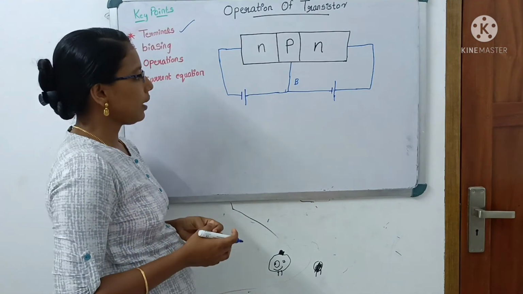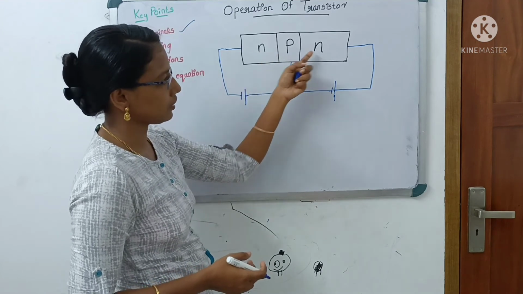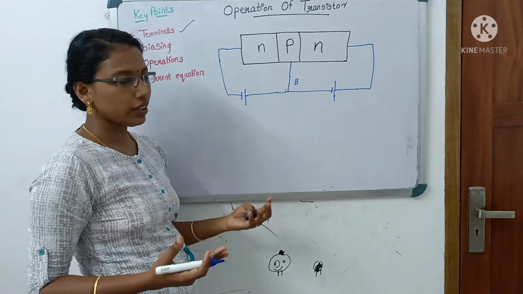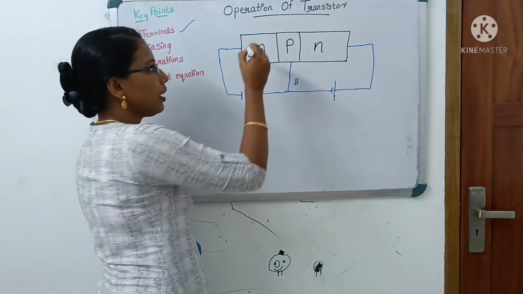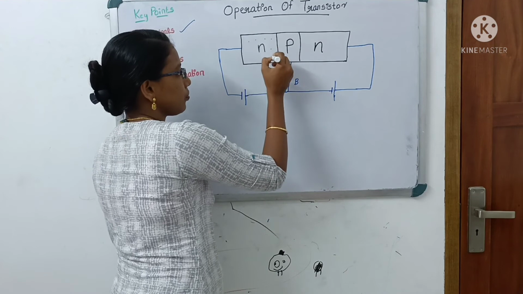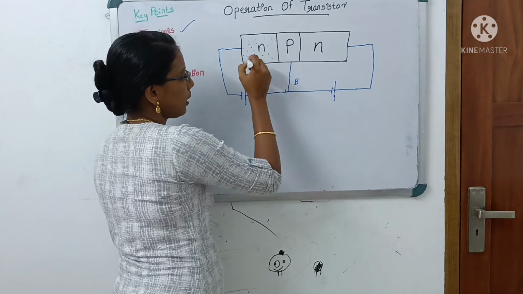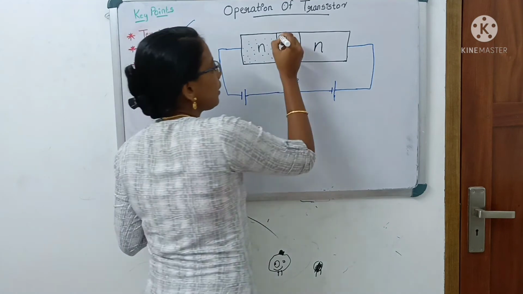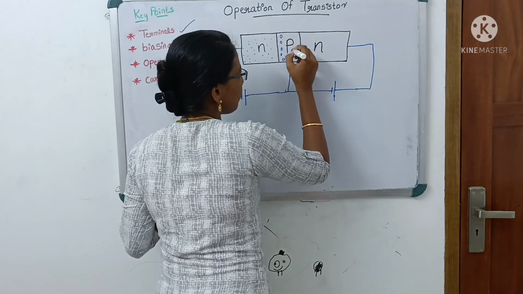Next, this is an NPN transistor. So we know that in the N region the majority charge carriers are electrons. And here the majority charge carriers are holes.